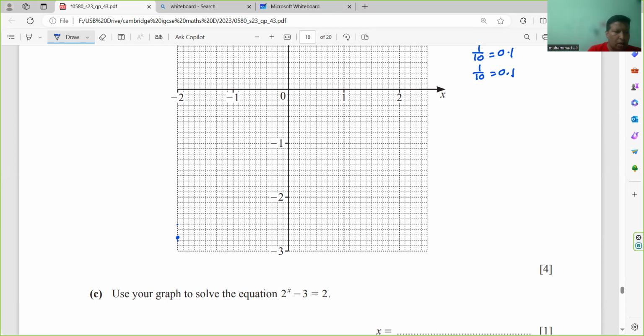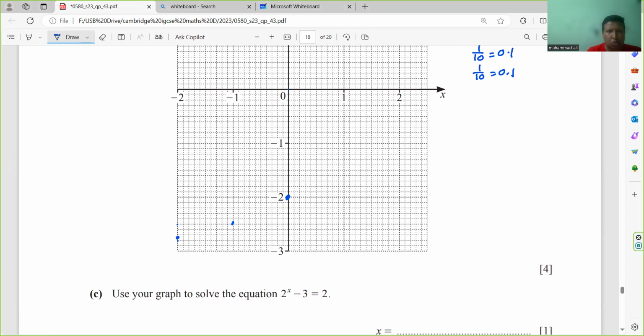The second one, when x equals minus 1, y equals minus 2.5. When x equals 0, y equals minus 2. So this point, when x equals 0, y equals minus 2.